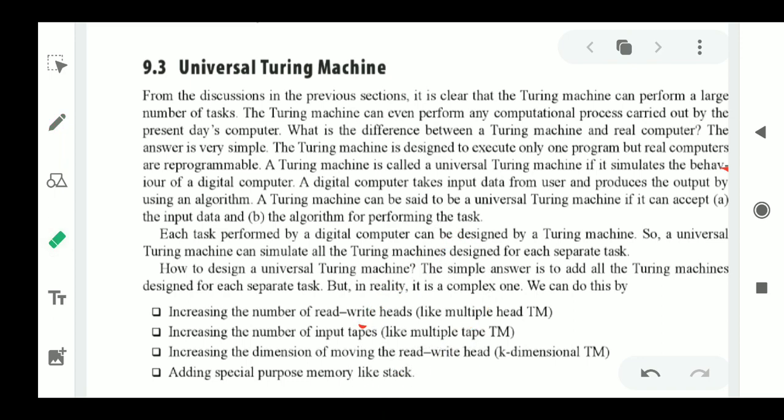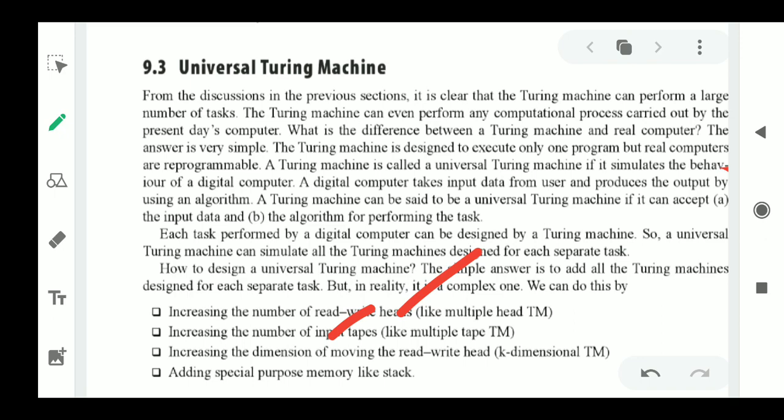But if I want to design a universal Turing machine, I need to increase the number of read or write heads, because more input tapes are required. That's why we need to increase the number of input tapes and read or write heads, and we need to go for more dimensions of movement of the read or write head. A normal Turing machine can move only to the left side or right side.